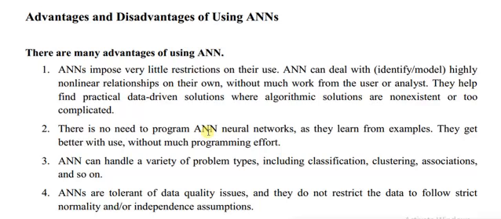They can deal with nonlinear relationships, and they help in finding practical data-driven solutions where algorithmic solutions are non-existent or too complicated. So artificial neural networks are very versatile, so they can be applied for any field of interest where we cannot have an appropriate algorithm to find the solution.